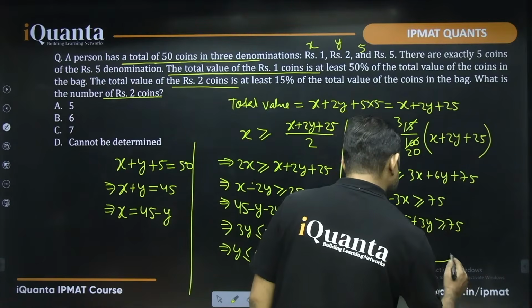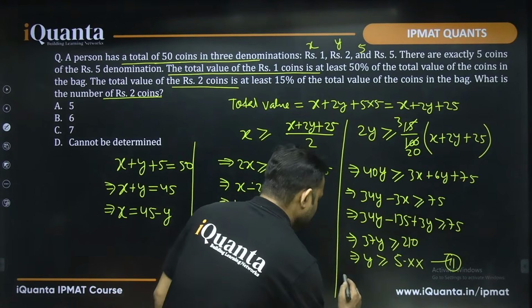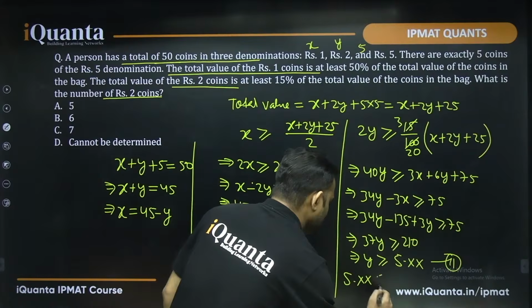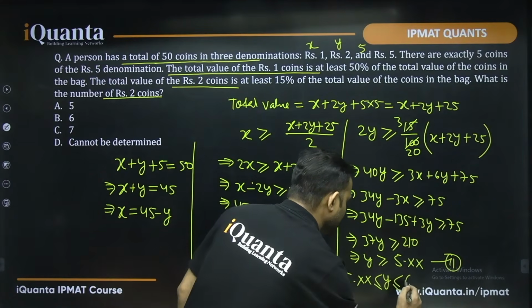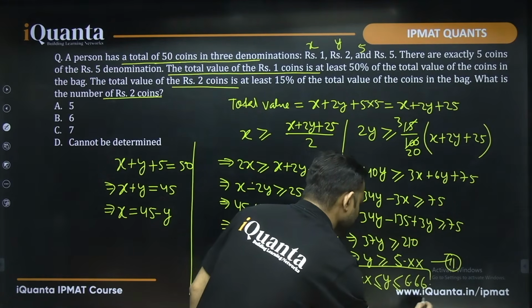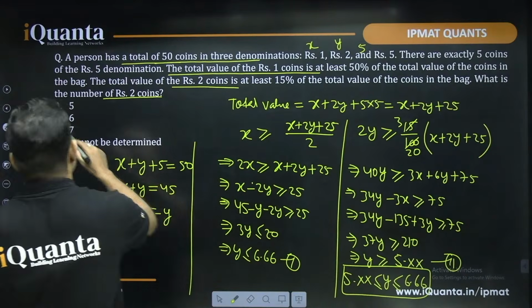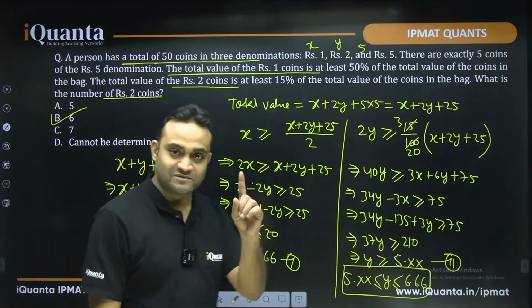This is our second observation. So Y is greater than or equal to 5 point something but less than or equal to 6.66. Y can take only one integer value, that is option B, 6.